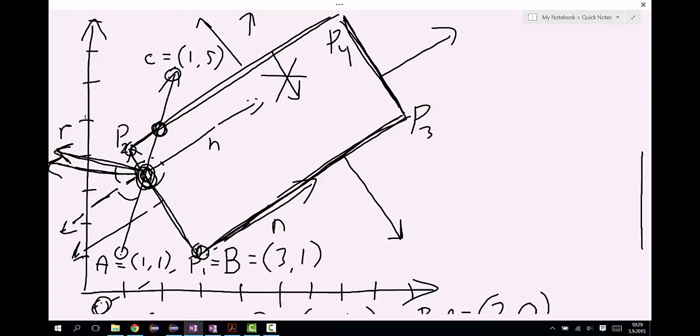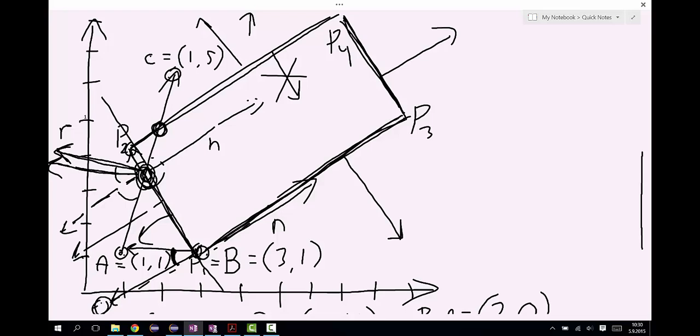So take a vector from P1 to A and the normal vector, and we can check the angle between them. If that angle is acute, and we don't even need to check the entire angle, we just need to take the dot product, and if the dot product is bigger than 0, that means we have an acute angle, and that means that the point is at the front side, so it's outside the box. And that means that we could actually hit.